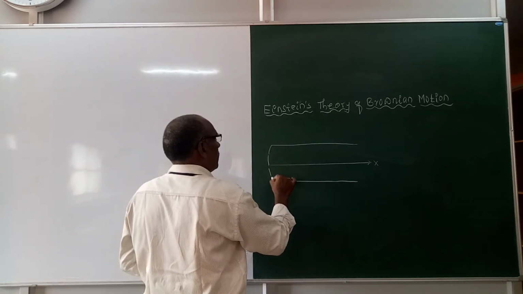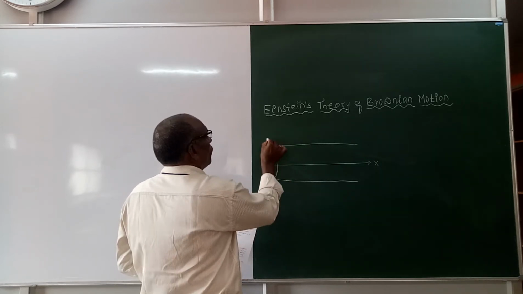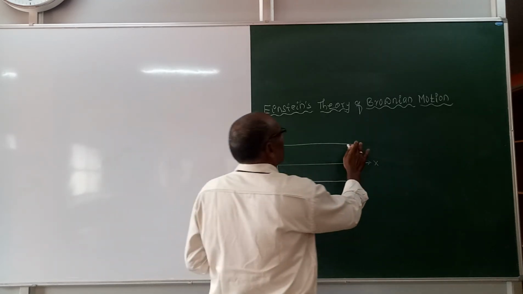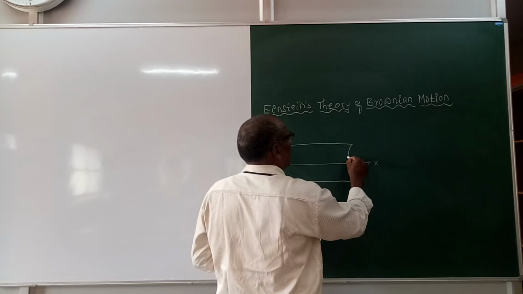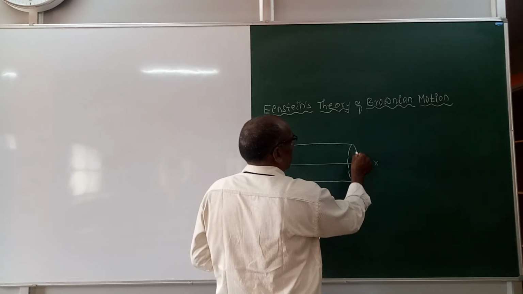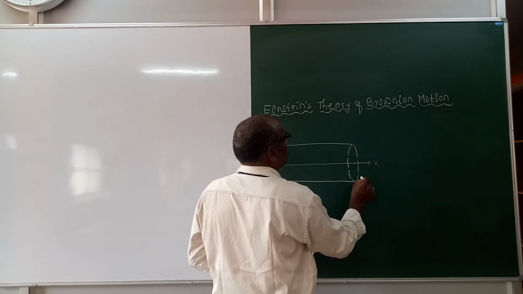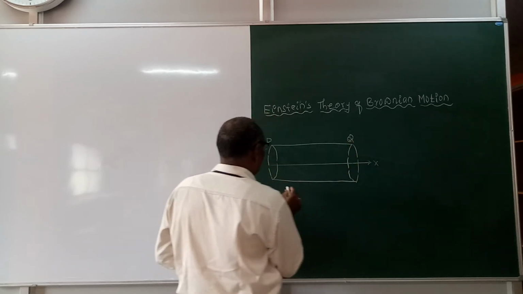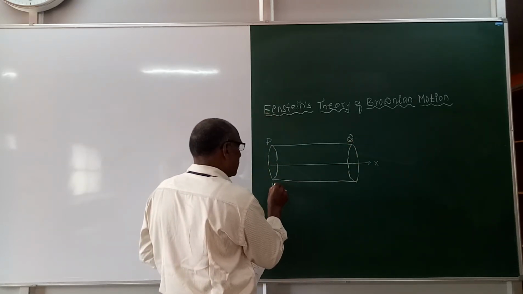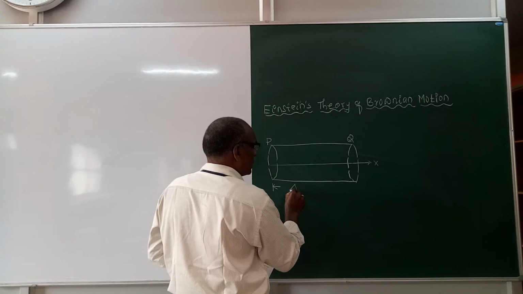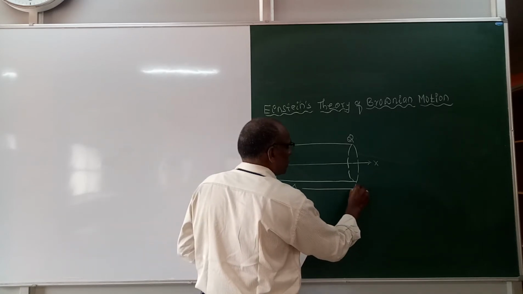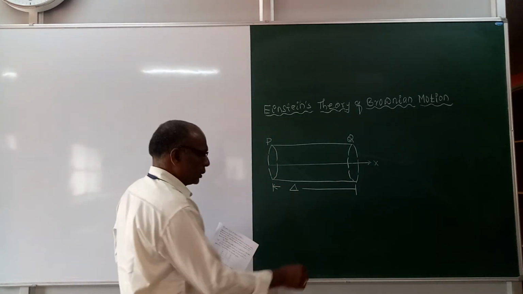This is the imaginary cylinder with ends P and Q, and the length of this cylinder, let us take it as delta.